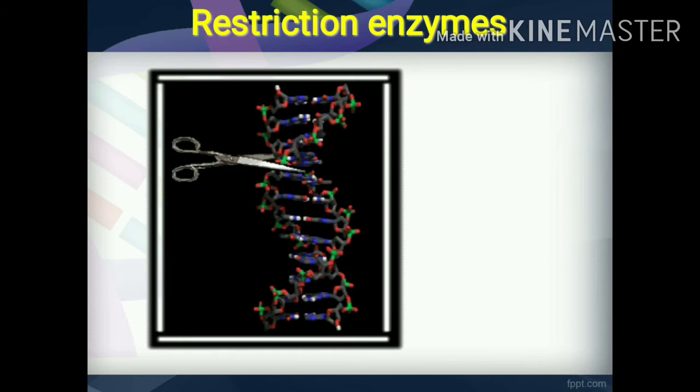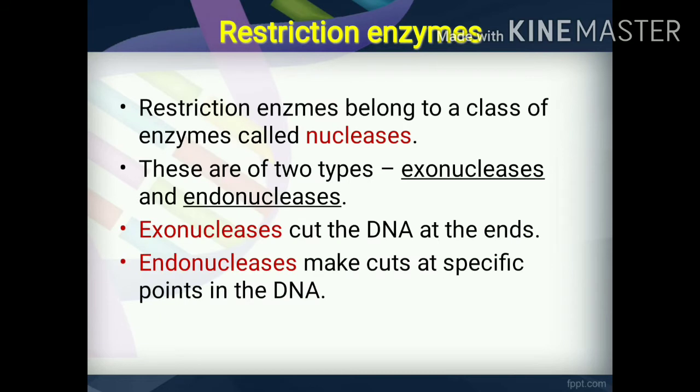Restriction enzyme, the first tool for recombinant DNA technology. Restriction enzymes are biological scissors because they cut the genetic sequence at specific locations. Restriction enzymes belong to a class of enzymes called nucleases. There are two types of nucleases, exonucleases and endonucleases.